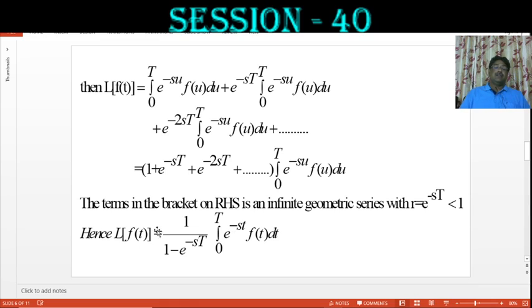Hence that bracket can be written as 1 divided by 1 minus r, where r is e raised to minus sT, then integration 0 to T of e raised to minus st into f of t. That means in place of u I have taken t here. Therefore, L of that periodic function is 1 divided by 1 minus e raised to minus sT, times integration 0 to T of e raised to minus st f of t dt.